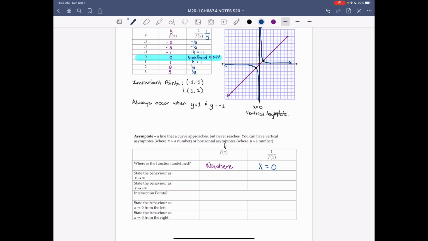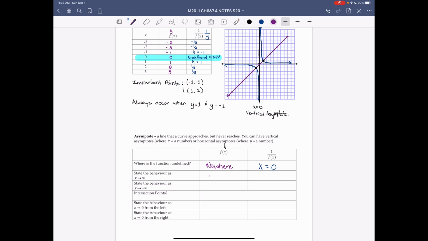The next thing, state the behavior as x approaches infinity. So as x approaches infinity, x approaching infinity would be going this way. So what's happening to the original function, which is our linear, as we continue moving to the right? As we move to the right, this line here is going to continue moving up and right. So what's it going to do as x goes to infinity?